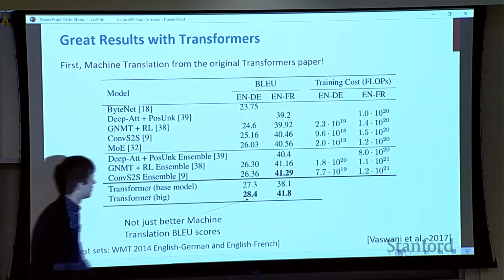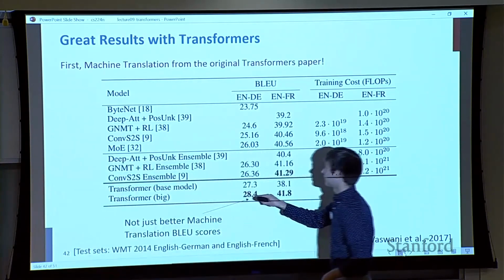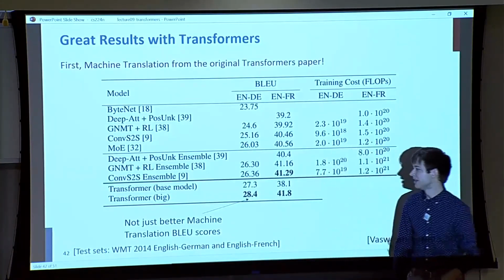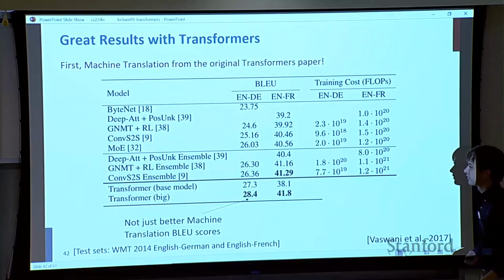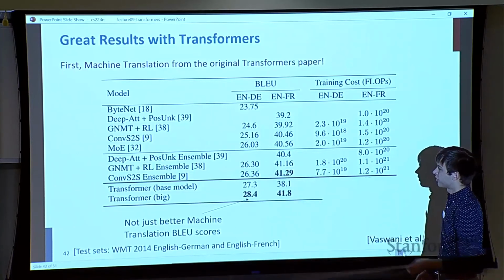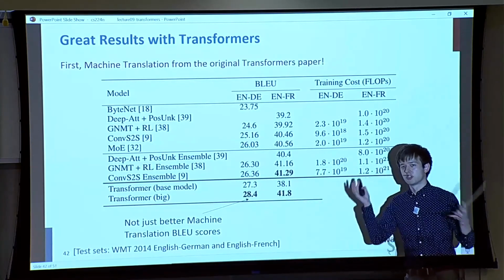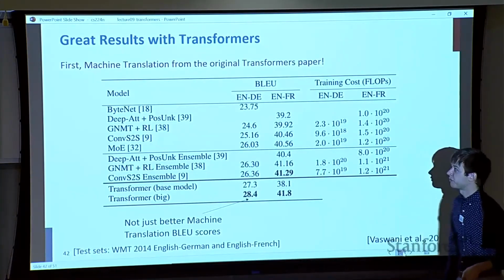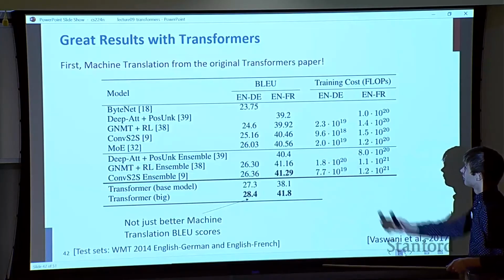First, you saw that transformers were getting really good BLEU scores. This is on the Workshop on Machine Translation 2014 English-German and English-French test sets. You get higher BLEU scores, which means better translations. Notice how our BLEU scores here are higher than for assignment 4. Lots more training data here, for example.